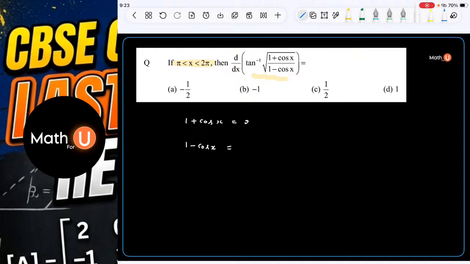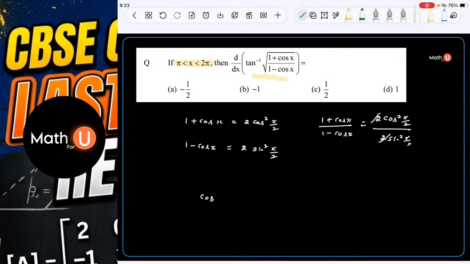1 plus cos x is nothing but 2 cos square x by 2, and 1 minus cos x is 2 sine square x by 2. In place of 1 plus cos x by 1 minus cos x, it gives us 2 cos square x by 2 by 2 sine square x by 2. The 2 gets cancelled. Cos square x by 2, you can remember, cos square theta or cos theta whole square, they are both the same.